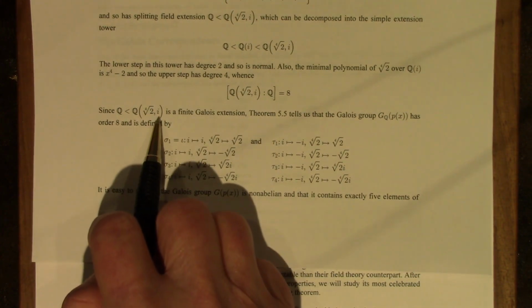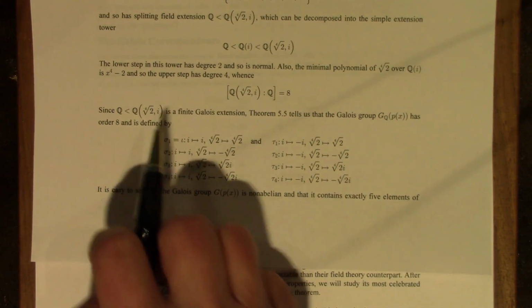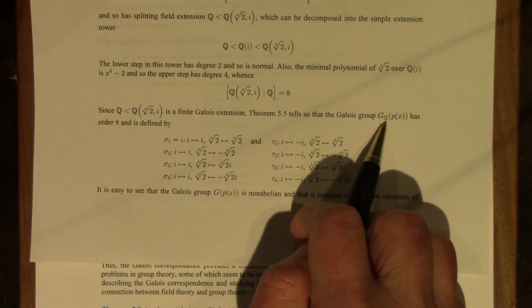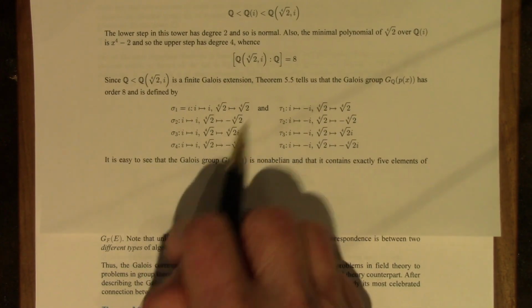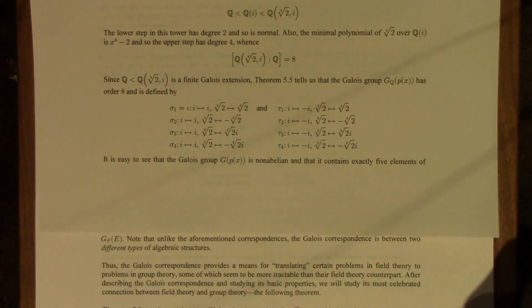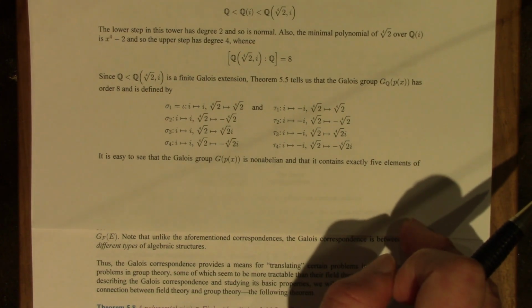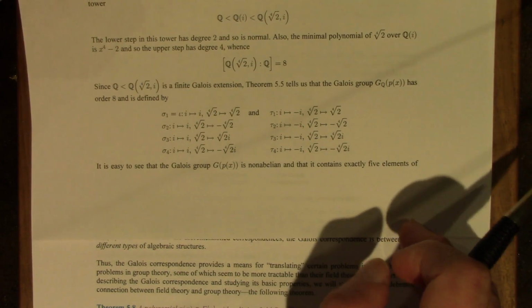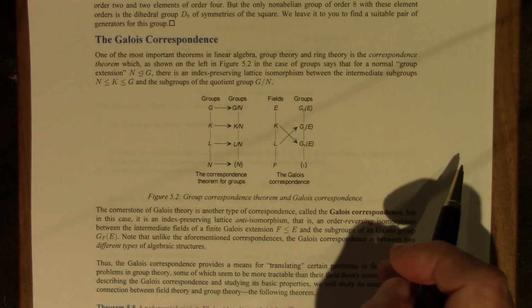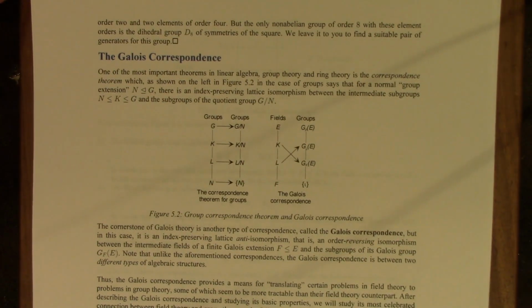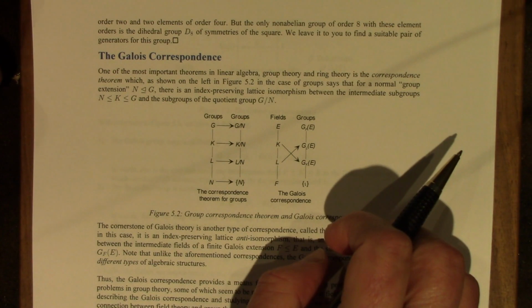Again, this is a finite Galois extension, which means the Galois group also has size 8. And here are the 8 elements of the Galois group. In this case, it's easy to see this is non-abelian. It contains 5 elements of order 2 and 2 elements of order 4.